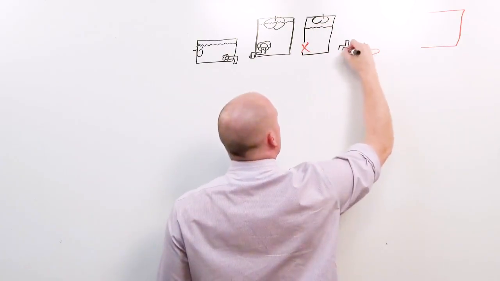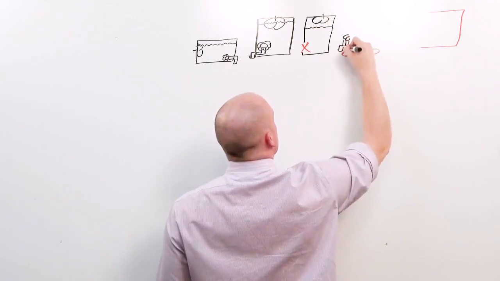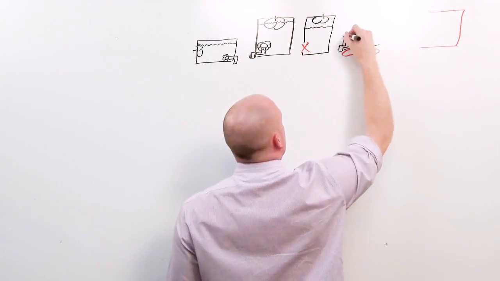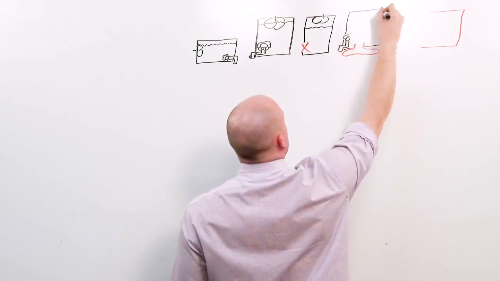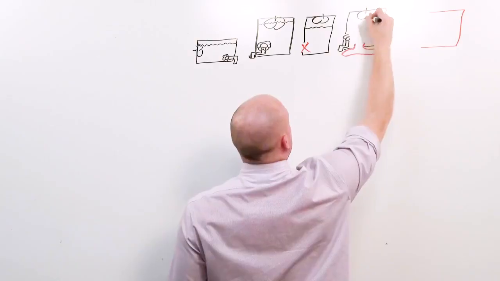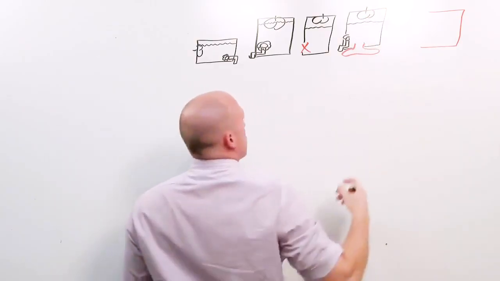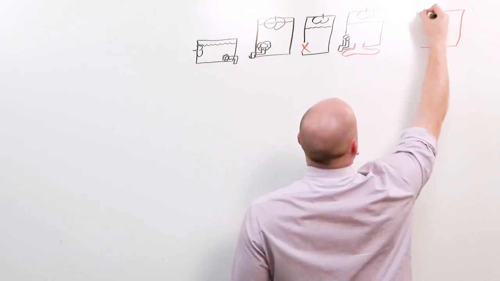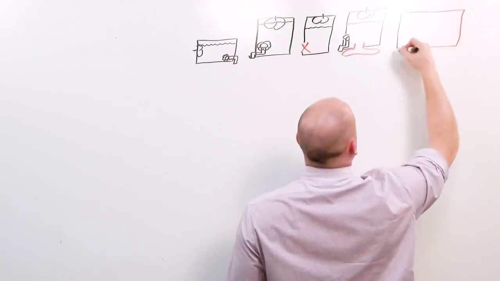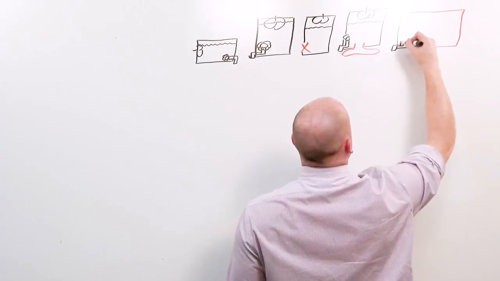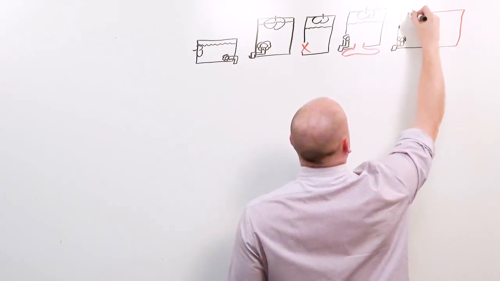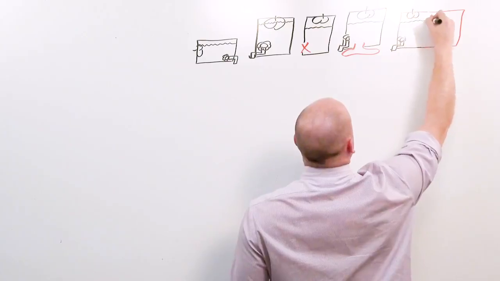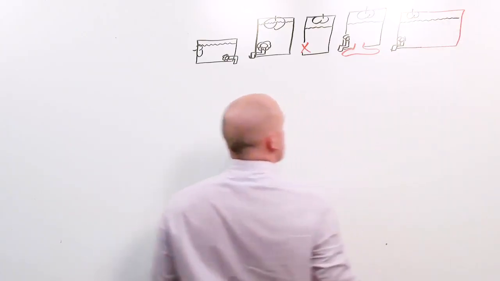If the pump is working fine, but the tank's got a hole in it and all the fluid is falling out, that's no good. And then if the tank gets too big, even though there was enough fluid in the tank, now there isn't.